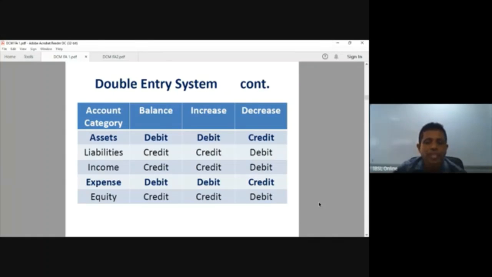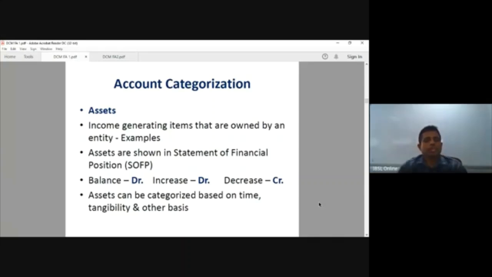Right. First, we'll take the assets. If you take any asset, the main characteristic is it should generate some income to the organization, directly or indirectly, short term or long term.